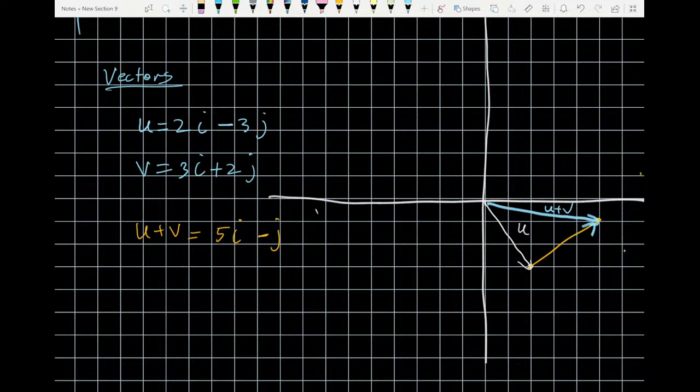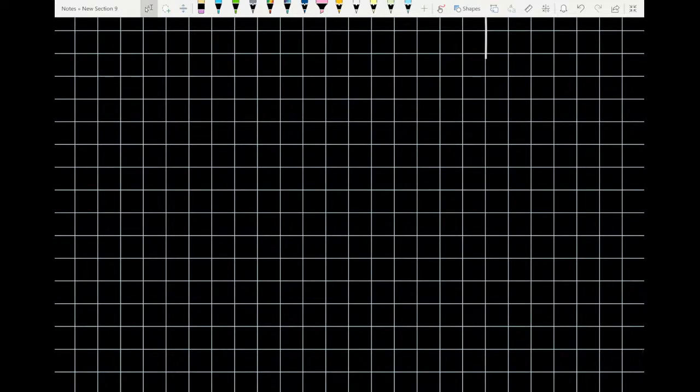So what's the magnitude of a vector? Magnitude basically means the length of the vector.